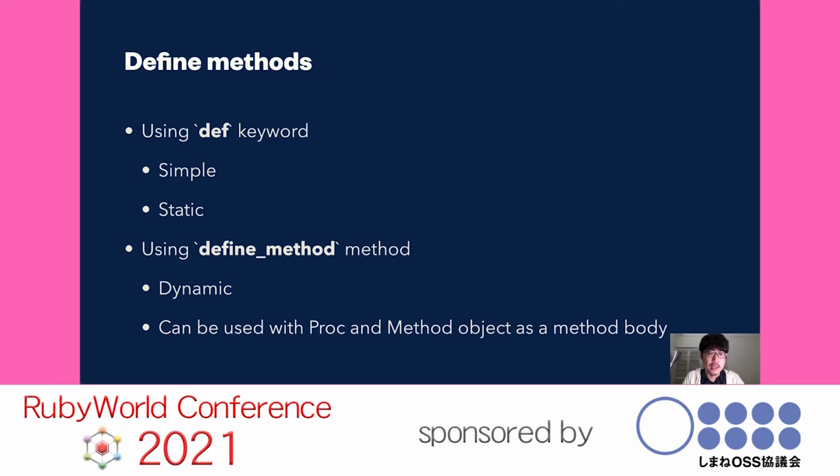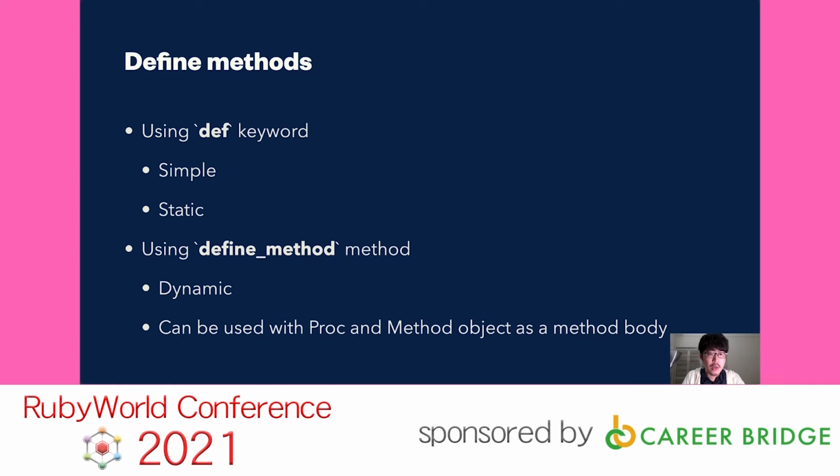In some cases, this is not very convenient because it's static. For instance, in a loop or an each, if you use def one after another, it is not possible to do serially.